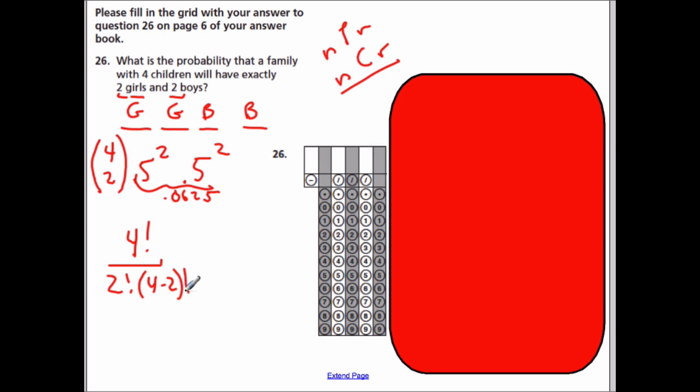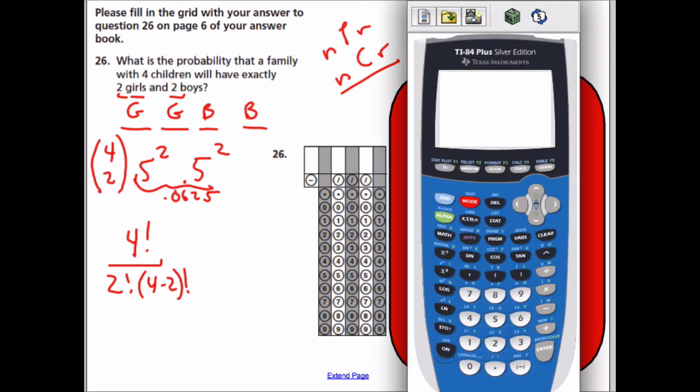Now you can multiply that out, and the way to do that is to go to your calculator. Here is if you hit the math and then go over to prob, in other words probability. There's your factorial. Now you can type that all in, or you can use the nCr because order doesn't matter, as long as you remember that. So let's figure out how to do that.